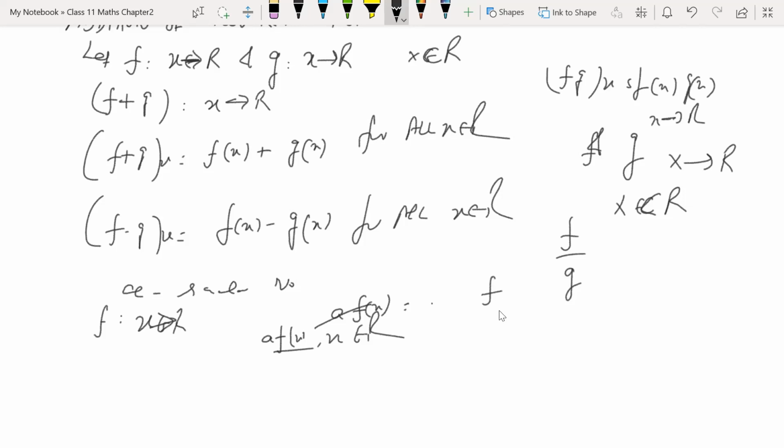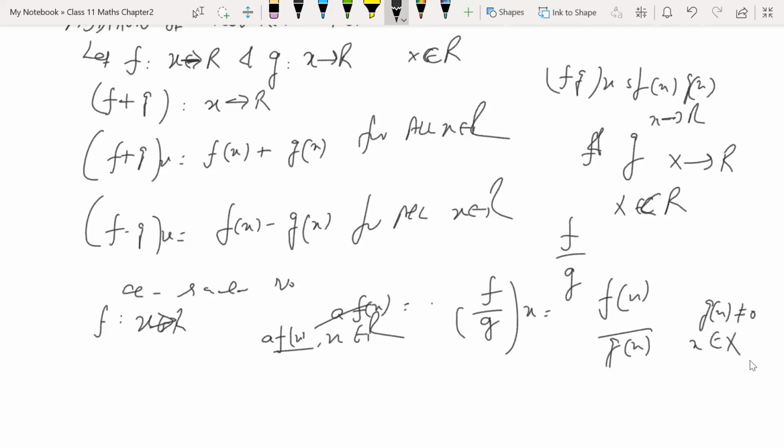We can define (f/g)(x) is equal to f(x) divided by g(x), with the condition that g(x) must never be 0, x belonging to X. That's all about the relations and functions.